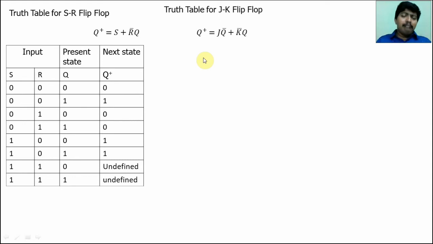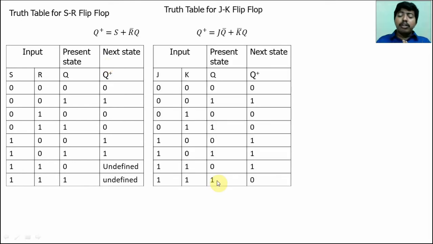Same as the SR flip-flop, but here when both set and reset are 1, it is modified to give the complement of the present state. When J and K are both 0, the output is just the present state. If the present state is 1, the next state will be 1. If the present state is 0, the next state will be 0.